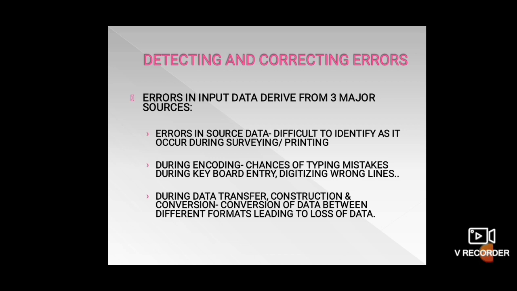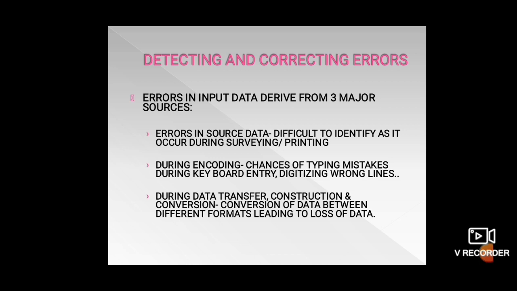The second type of error occurs during the encoding process that we already discussed. We know different types of encoding processes like keyboard entry, manual digitization, automatic digitization, and so on. There can be a typing mistake during keyboard entry, or a wrong digitization along a line.